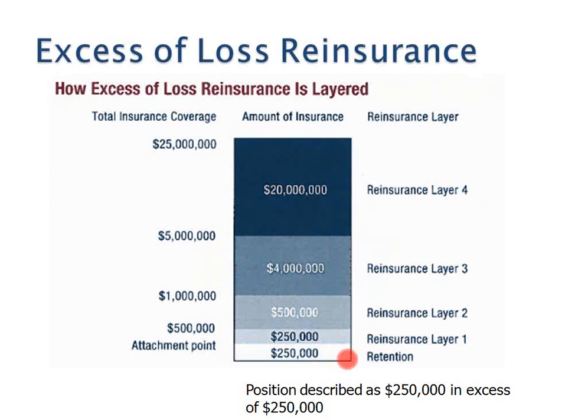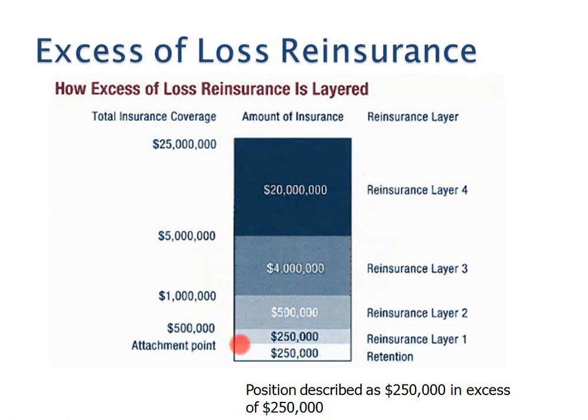This is their retention, and then they're going to buy reinsurance. This is their first layer, at the $250,000 layer. On top of that, there might be another reinsurer that does the $500,000, another one for this layer, and another one that does $20 million. So the total coverage is $25 million.